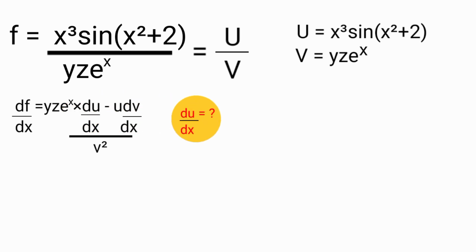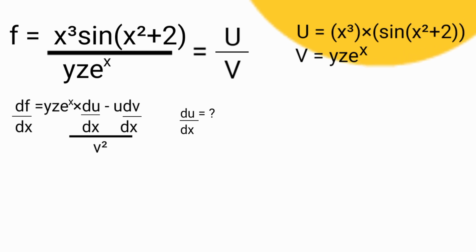So what is du/dx? We have u equal to x cubed sine of x squared plus 2. Now we need to differentiate this with respect to x to get du/dx. But how can we do that?